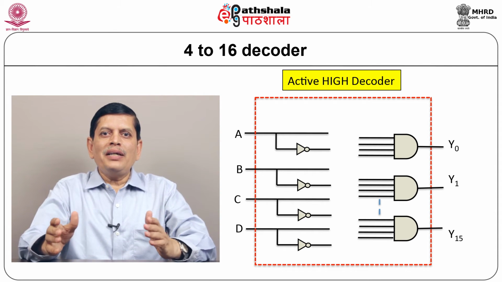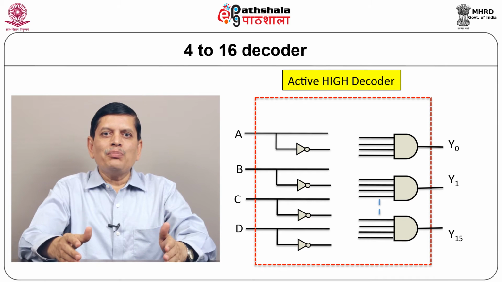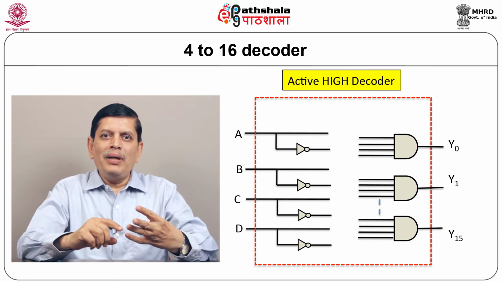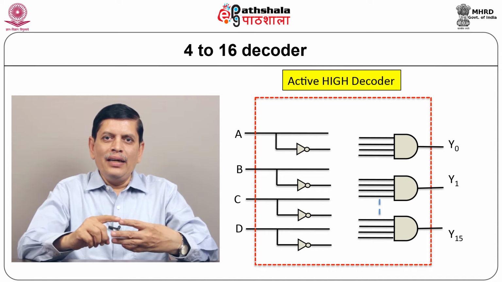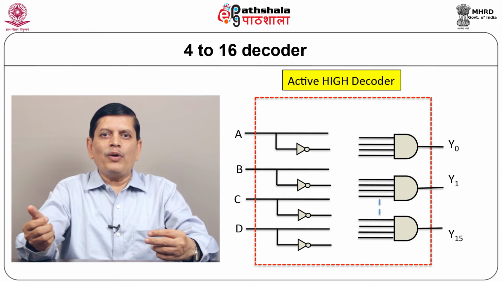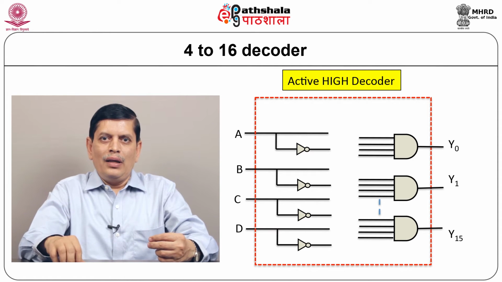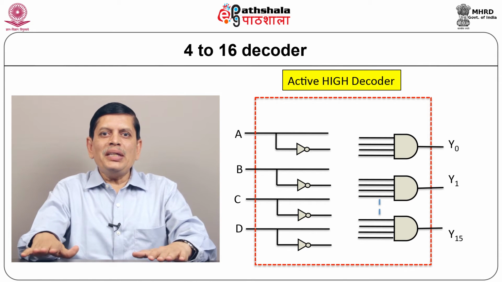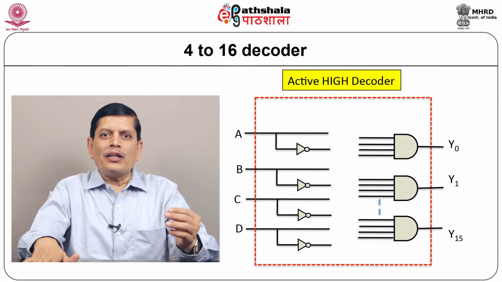This 4 to 16 line decoder is also known as binary to hexadecimal decoder. It has 4 inputs, namely A, B, C, D, and there are 16 outputs which could be labeled as Y0, Y1, Y2 through Y15. The implementation of this decoder requires 16 AND gates and 4 NOT gates.